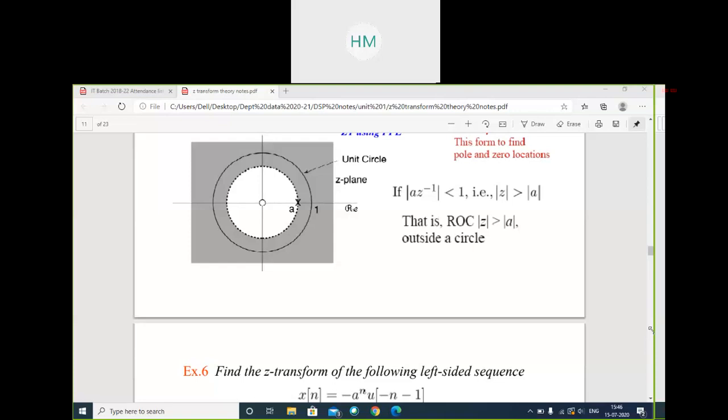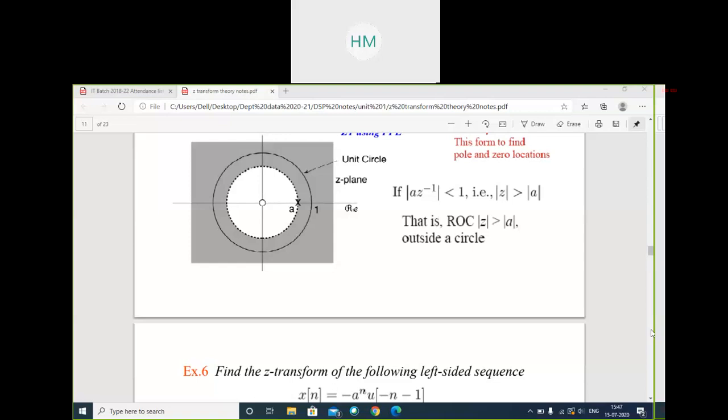then Pratibha. Mod of Z is less than A. All are getting this answer. After Pratibha, it's Priyanka, Ritika, Sakshi, and Shubham.